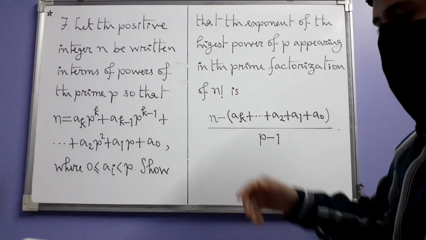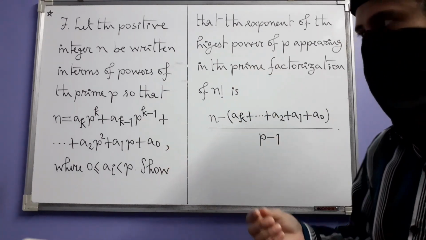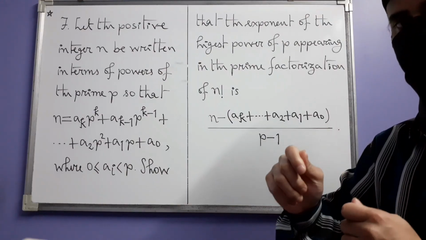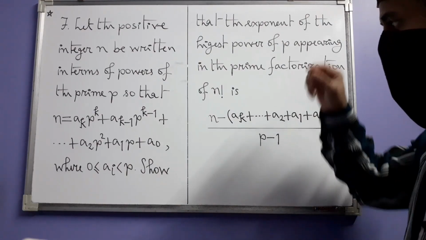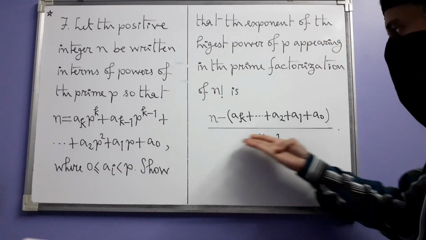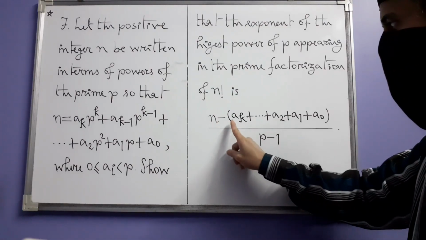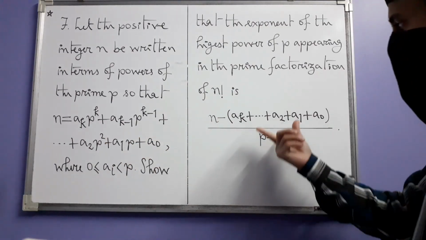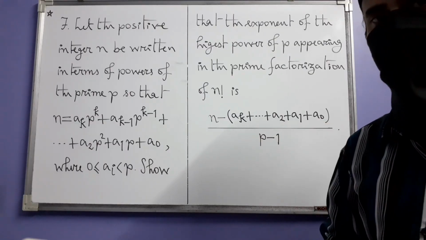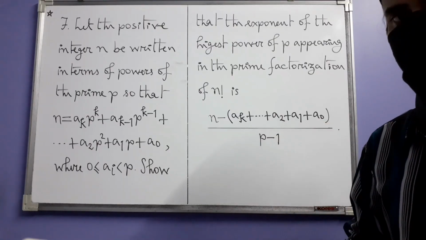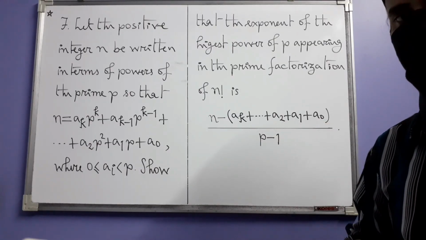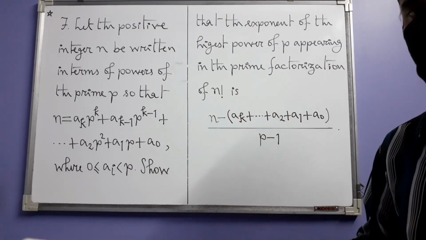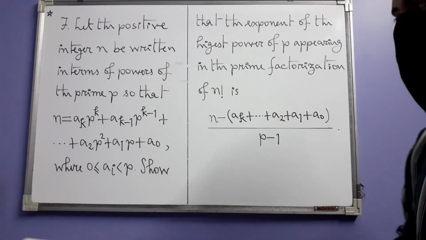For this number, if you find the prime factorization, there will be a largest power of p that will appear, and the exponent of that power is this: n minus the sum of the coefficients there, divided by p minus 1. I will of course not solve this, it's left to you, but now we are going to use this to see what we can do with exercise 8.